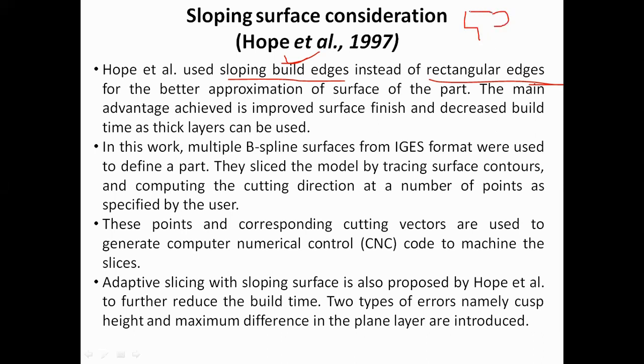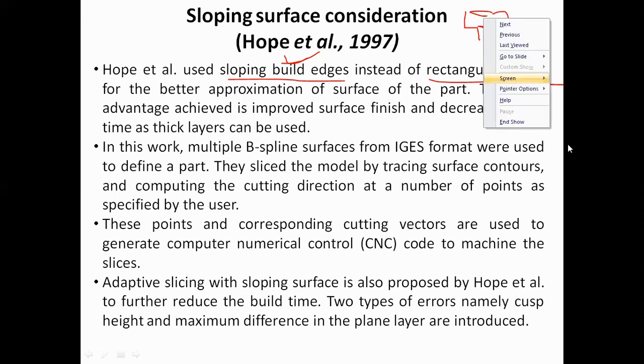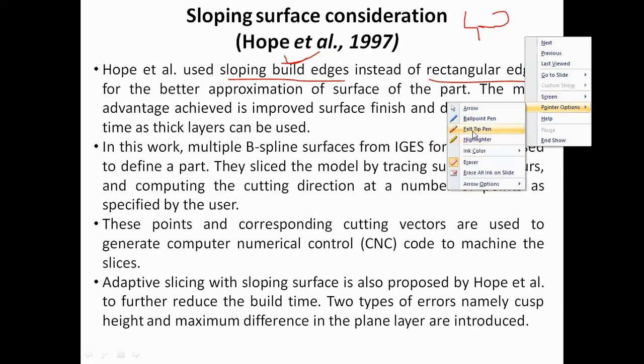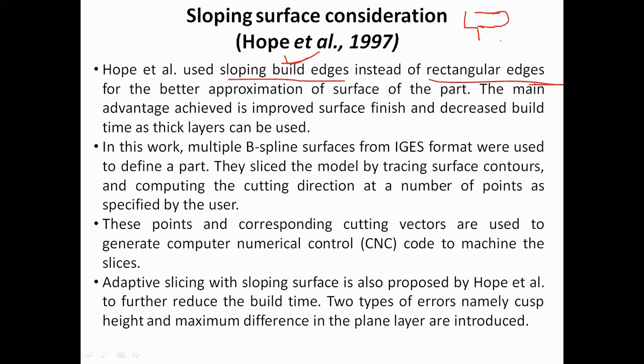So the idea was completely different to what earlier people used to say, that the edges are rectangular in nature and we are going to cut the edges into rectangular shape and then go for post processing. What Hope started saying was that the edges are actually not like this, but rather like this, which have a slope.